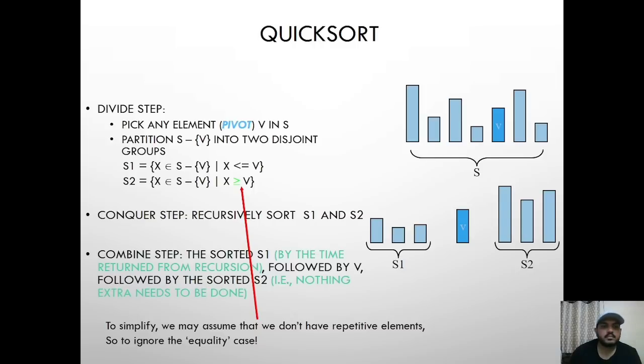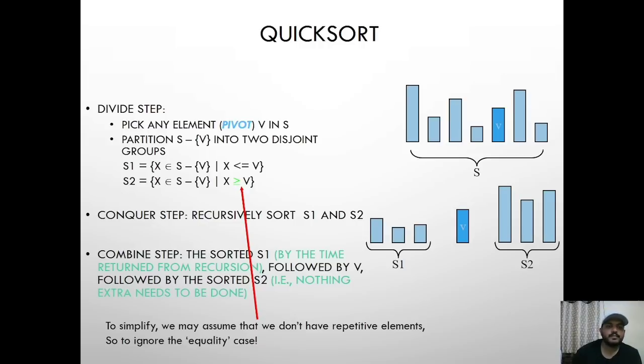Then there are the conquer step and the combine step. In the conquer step, recursively sort S1 and S2. The combine step returns the sorted S1 from the recursion, followed by v, followed by the sorted S2. There is nothing extra needed to be done.